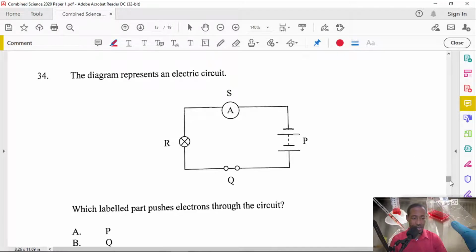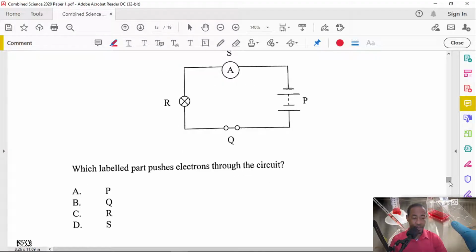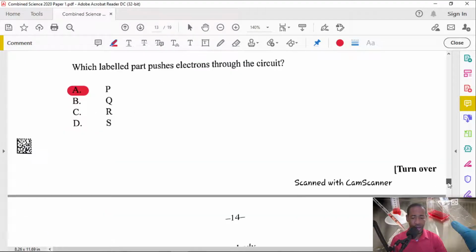So in other words, what is causing electrons to flow through this circuit? And remember now, electrons will be what is carrying electric current. And so therefore the battery, which is P, is providing the electrons. So our option here is A. Okay, battery or cells will produce the electrons to create electric current.